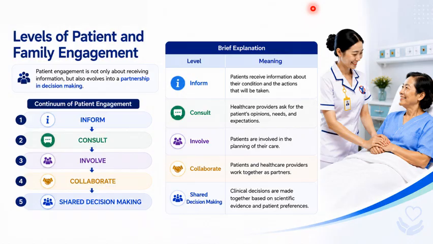For example, if a patient is about to undergo a procedure and has several clinically viable options available, the doctor needs to explain the benefits and risks of each option, while the nurse helps to ensure that the patient understands the information. If there are two options, which one is best suited for my condition?